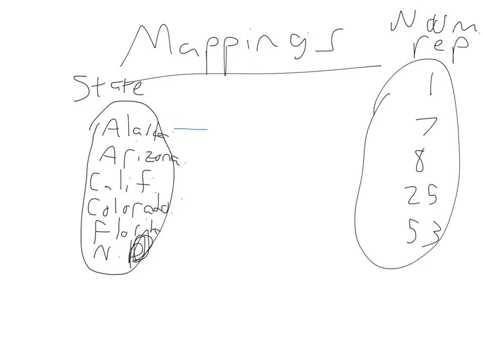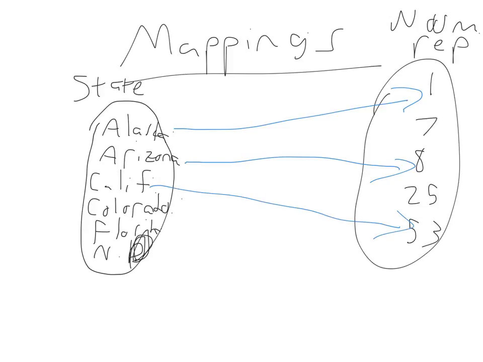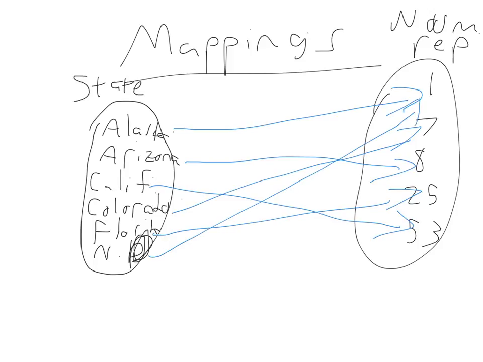Now, Alaska maps to 1, Arizona maps to 8, California maps to 53, Colorado maps to 7, Florida maps to 25, and North Dakota also maps to 1. There's another example of a mapping.